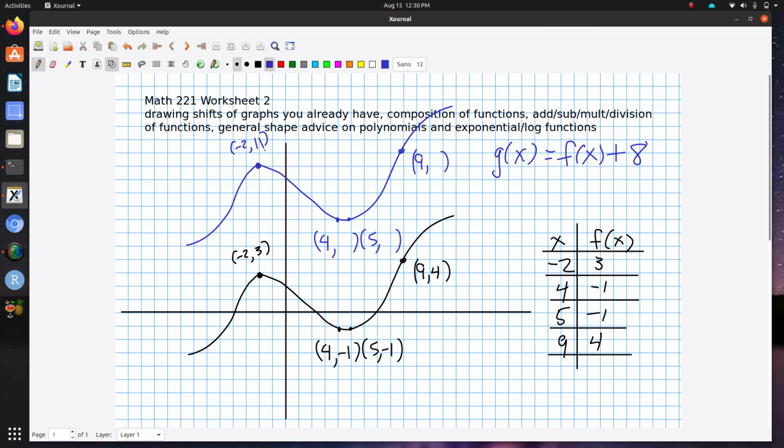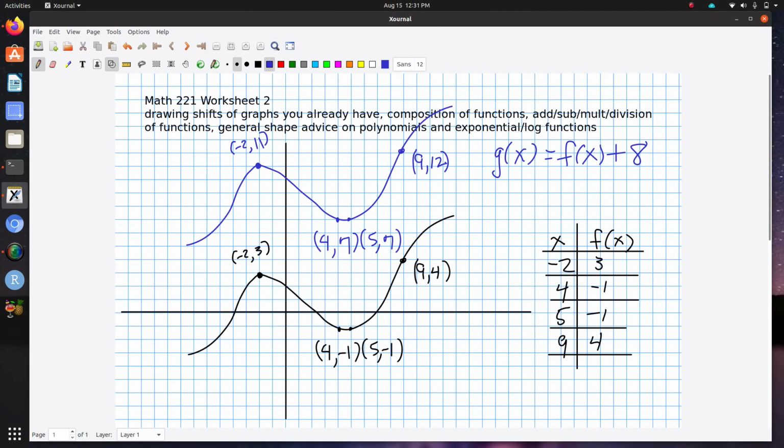Every y value gets a plus 8 added to it. So 8 plus 4 should be 12, and so that should be correct. Now I have a blue curve that is g of x, and the original curve was f of x. And so that's how the notation works.